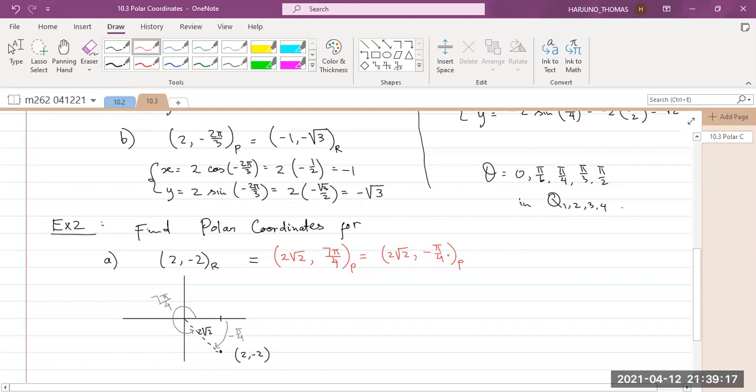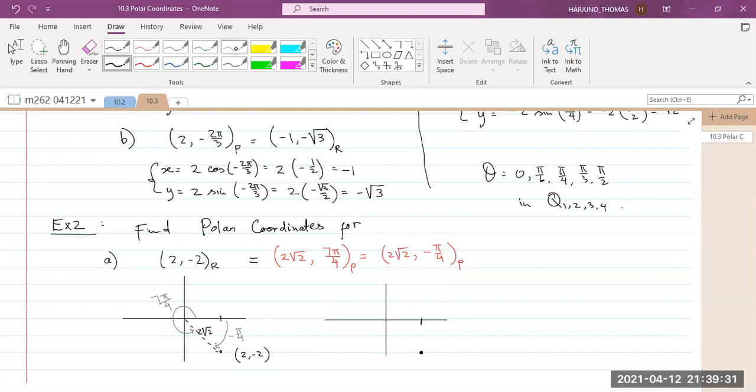In fact, we can also see it this way. Like the coordinate 2, comma, negative 2, we can go in that direction, okay? But I choose the r to be negative.